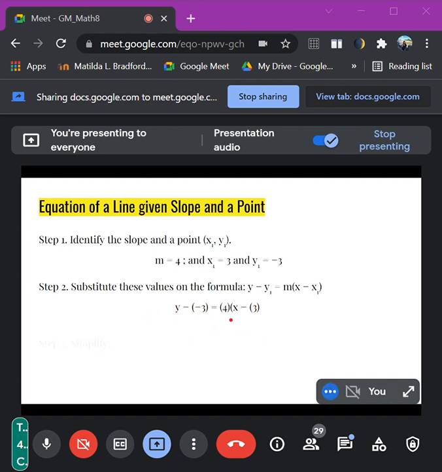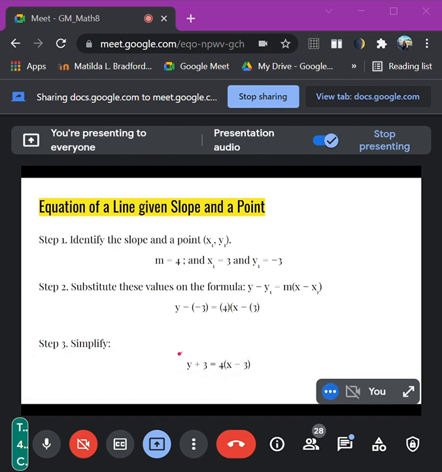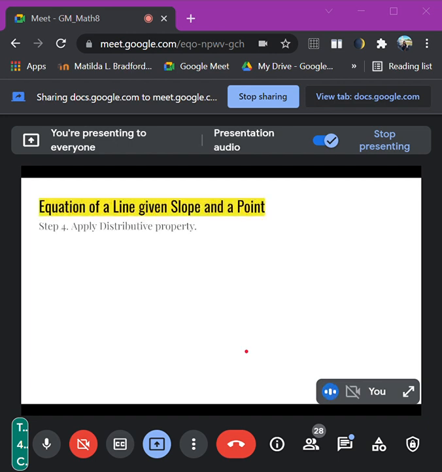And then, we simplify it right away. So, simplify, class: you have there negative negative, which becomes positive 3. And then this one, you have there 4 quantity x minus 3. So, that is simplified, class. After you simplify, that's the time you are going to distribute.